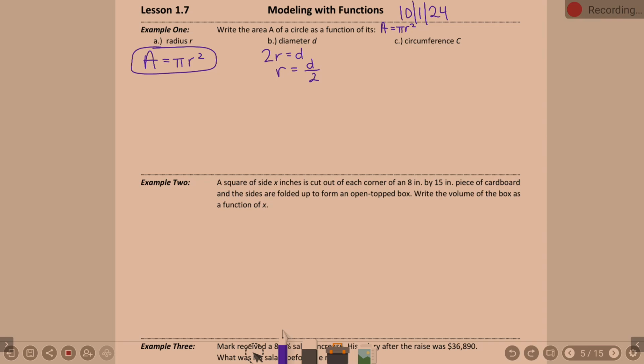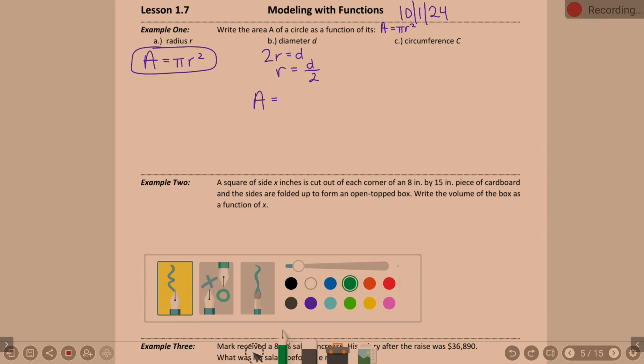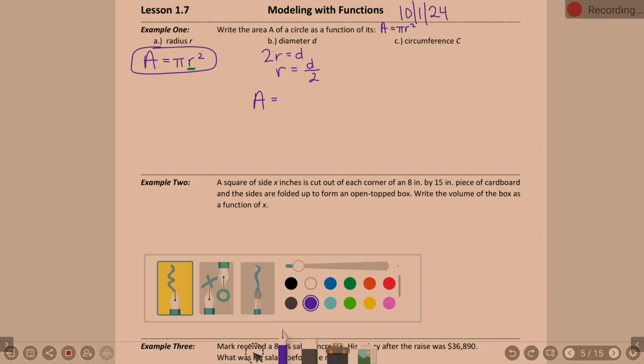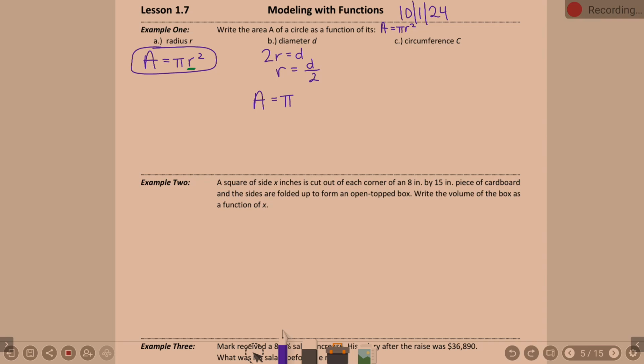It would be A equals pi times d divided by 2, squared. So we're going to take the r from the last formula, and fill it in with d over 2. So pi times, instead of r squared, d over 2 squared.